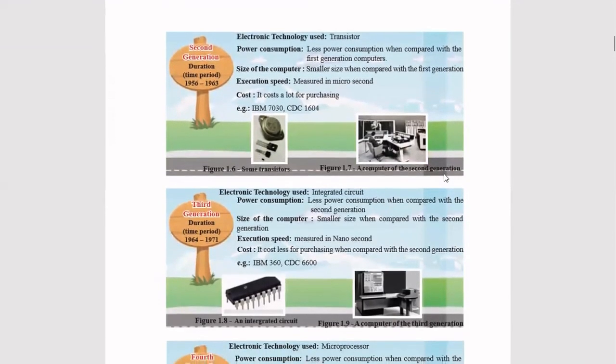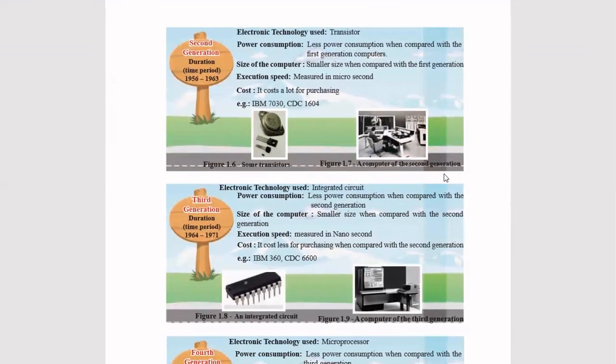And the second generation of CPU used transistors. Okay, so when compared to the first generation, power consumption is low, but when compared to nowadays computers, the power consumption is still high. The size of the computer also reduced compared to the first generation.